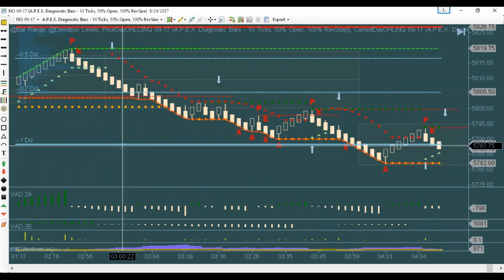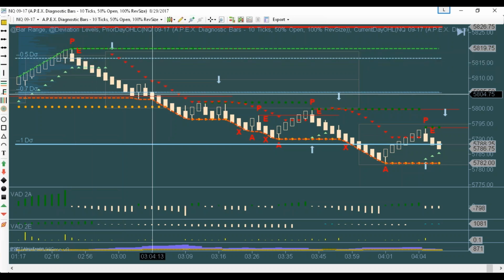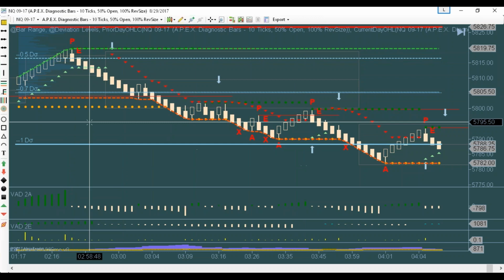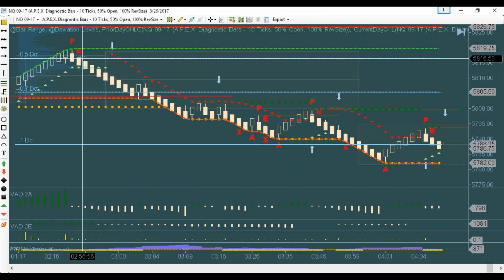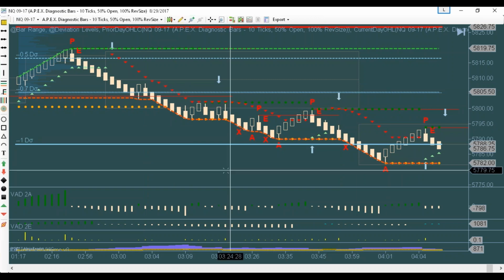How many times have you seen a big power play trade and you missed that initial entry and you're like, oh man, it's just going and going and going? Well, how many times when it's going and going is there a bar up, bar down, elevator, keep going with it? Or how many times when it's going is there a sling pullback and it keeps going?